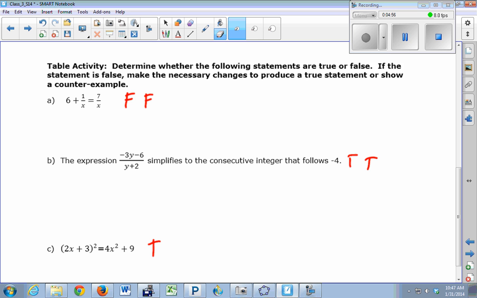False, true, false. Table 3, false, true, false. And table 4, false, true, false. And the last table? False, true, false.